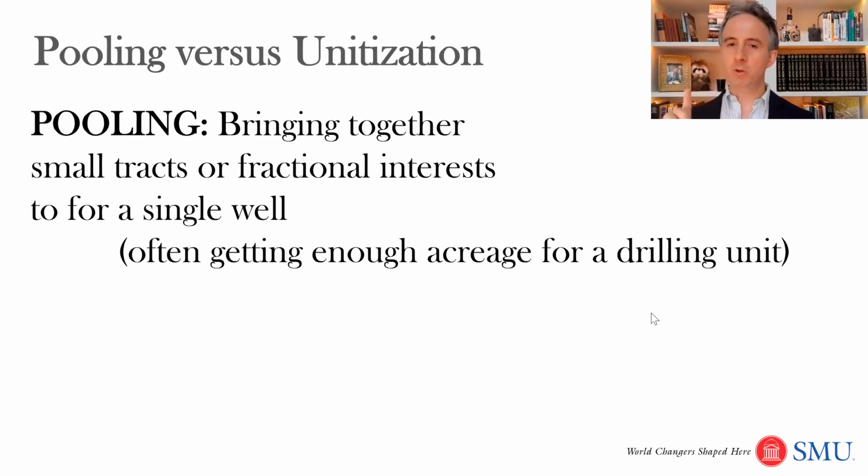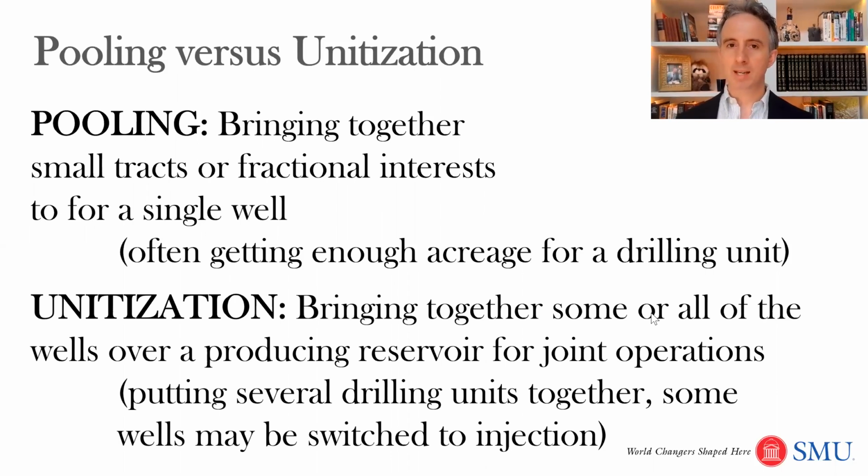Unitization is sometimes confused with it, but is very different. Unitization is more complex. It says, instead of just getting one drilling unit together, why don't we just cover the whole reservoir? The reservoir could be 8,000 acres or 80,000 acres. It could be huge. And what we want to do is coordinate our production on this entire reservoir.